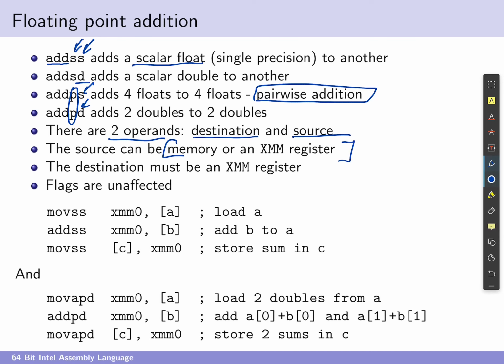However, the destination must be an XMM register. Or if you're talking about the equivalent version of this calculation with the YMM registers, then it also has to still be a destination being a register. So with floating point calculations like add, subtract, multiply, the destination has to actually be a floating point register. It cannot be a memory location.